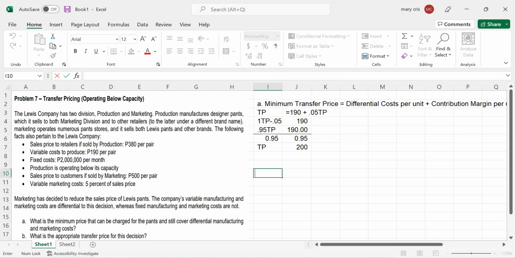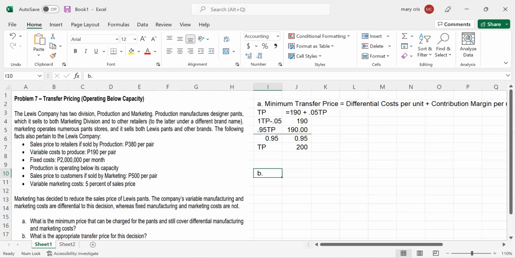So, letter B, what is the appropriate transfer price for this decision? So, as you have computed, the minimum transfer price for this would be 200 pesos. So, that will be sa letter B, the transfer price that correctly informs the marketing manager about the differential cost of manufacturing is 190.